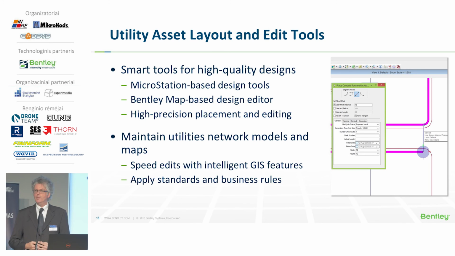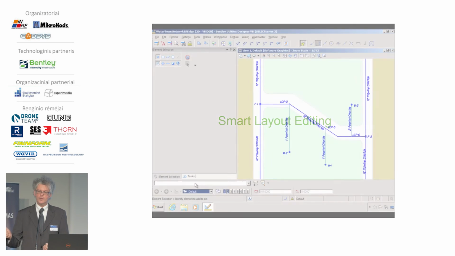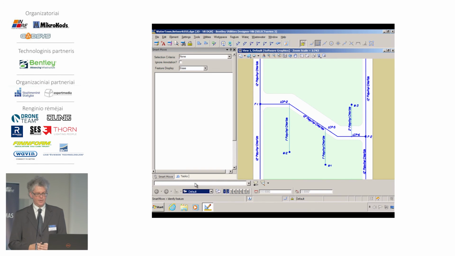So we've added some nice features that have to do with the network connectivity. So where you might want to pick one object which is related to other objects. We call that smart editing, where you'll see an immediate change of the location of objects that are connected to that one object of the network.